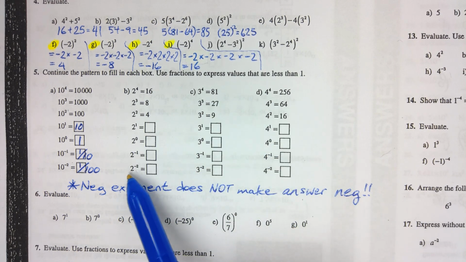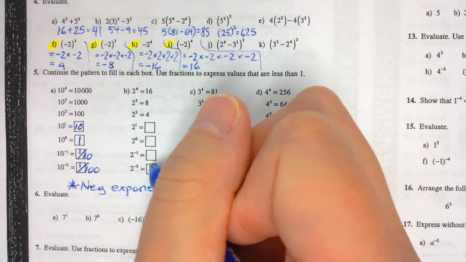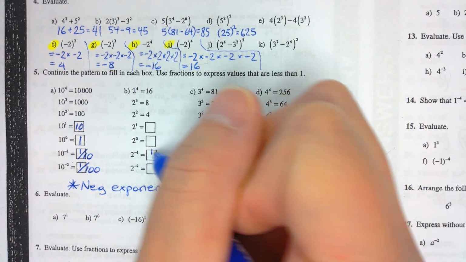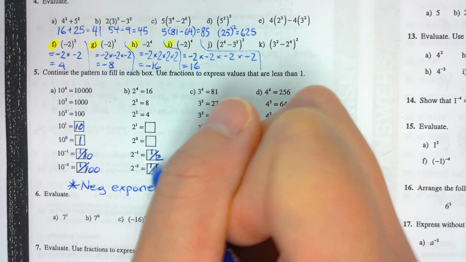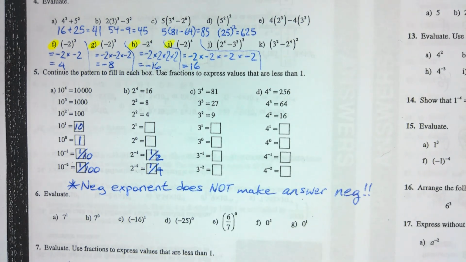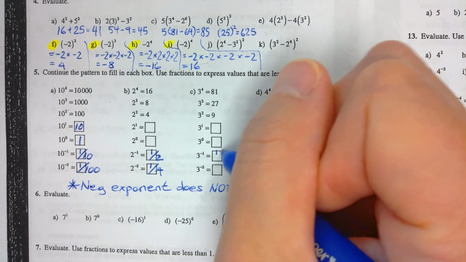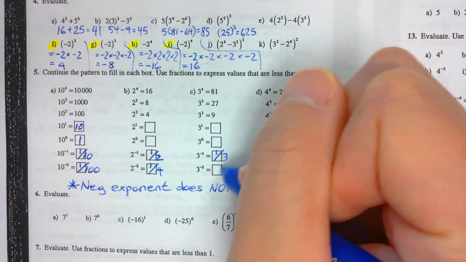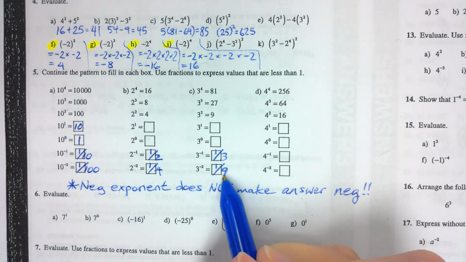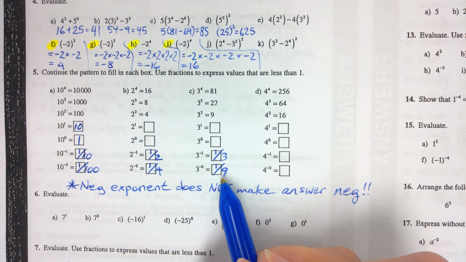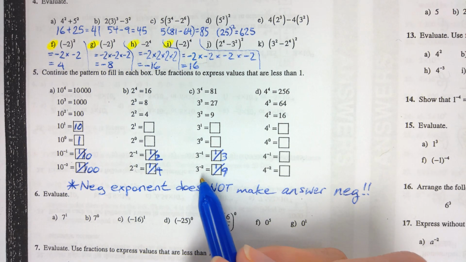So when we write it as a fraction right here, this would be 1 over 2, and this is 1 over 4. This is 1 over 3, and this is 1 over 9. Where did the 9 come from? If you have x to the negative y, then that's just 1 over x to the y.